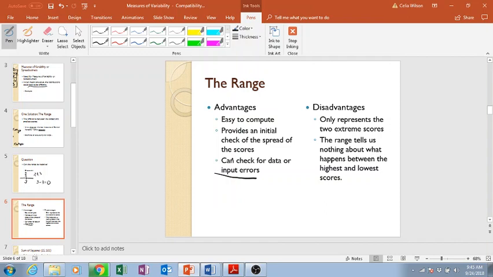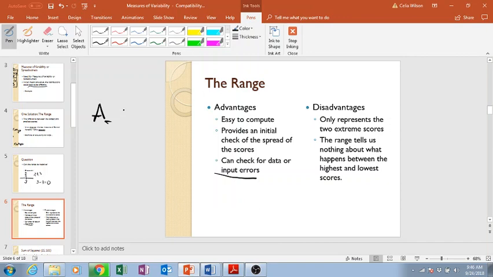Something wasn't inputted, because you should not have a range that large. The disadvantages are it only represents the 2 extreme scores, and it doesn't tell us anything about what's happening in the middle. Okay, so let's look at an example of that.